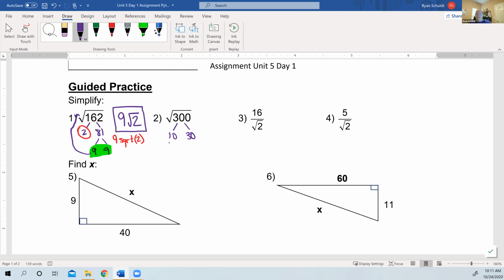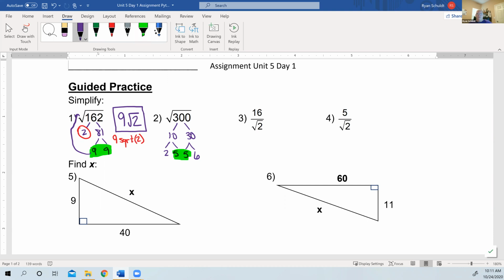And then let's see, 10 is 2 times 5. 30 is 5 times 6. So I see a pair here. I'm going to make note of it. There's a pair.